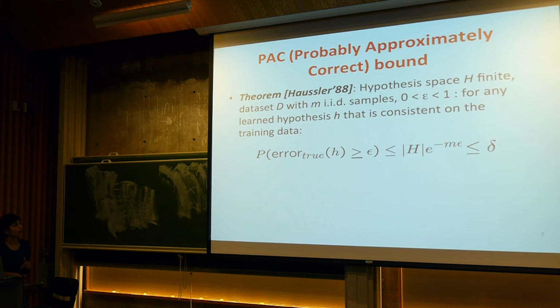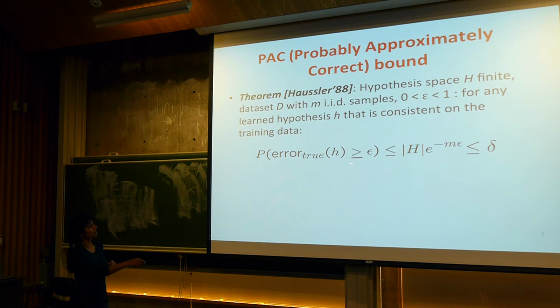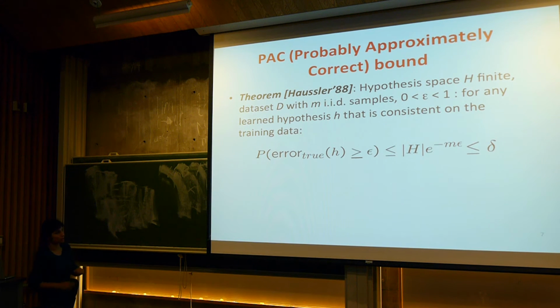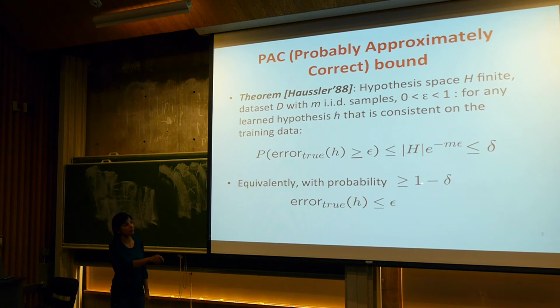The reason it's called probably approximately correct is you can upper bound this by delta, or set it equal to delta. Then there's a reverse way I can write this statement: with probability bigger than 1 minus delta, my true error is less than epsilon. I'm just redefining this as delta.